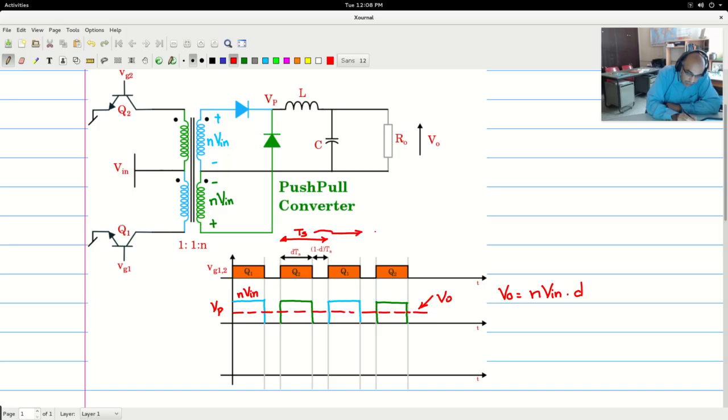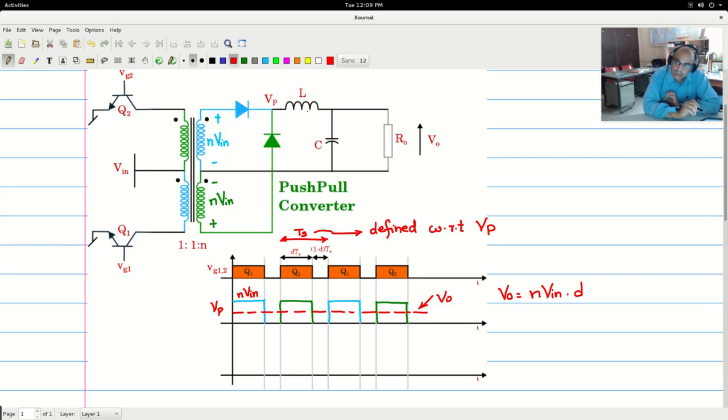Ts is defined with respect to pole voltage Vp. That is important because the switching frequency is half the pole voltage frequency. The inductor will be designed at a frequency which is double the switching frequency of Q1 and Q2, because of the ORing effect, the inductor is seeing double the frequency.